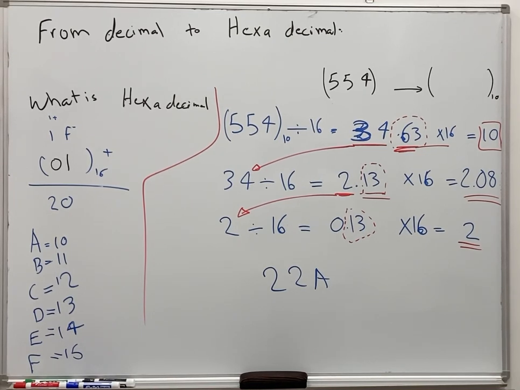But the problem is 15, in hexadecimal, we have to use another system to make it one digit. So instead of using 15 and putting two digits in the first bit, we use F, for example. These are the letters that we are using.